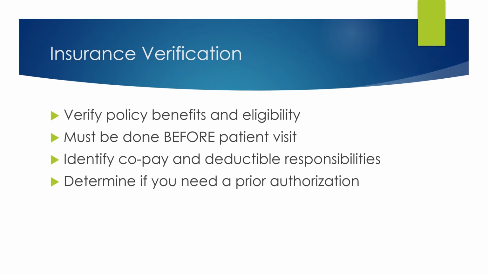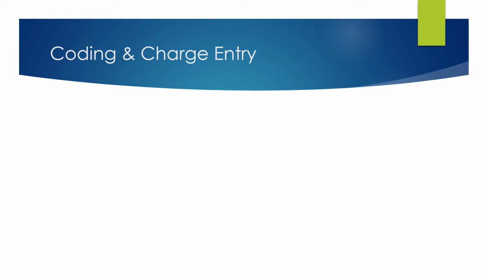So all of that information should be collected and paid up front. If you need to do a prior authorization, we should obviously be doing that ahead of time, understanding if we need to do that, and then working through that process so that when the patient checks in, all of this information is done as much as possible, recognizing that there are some things that come up in a visit that don't make that 100% possible. But for the most part, for most clinics, that should be able to be done.